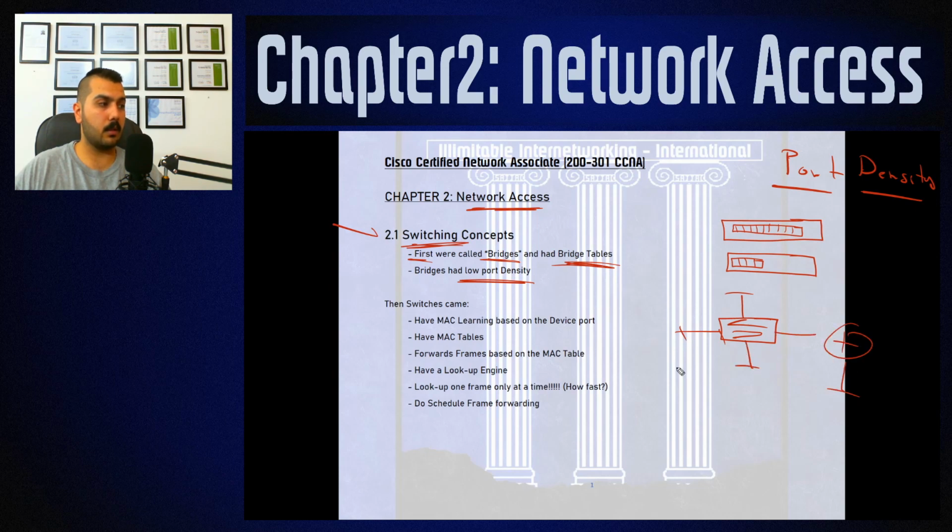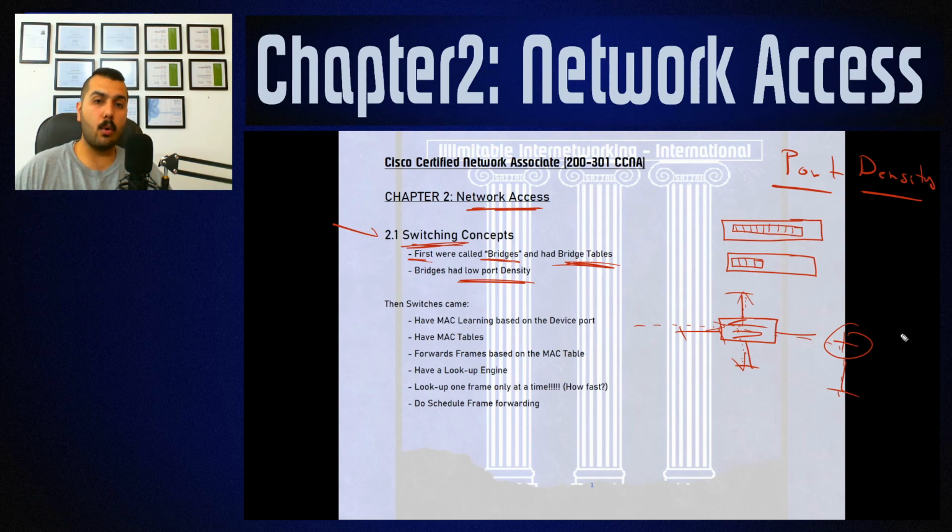Switching is all about receiving a frame, because it works in layer 2 of the OSI model, and then switching it to its required destination. Okay, so switches and bridges did the same thing, had the same concept of switching.